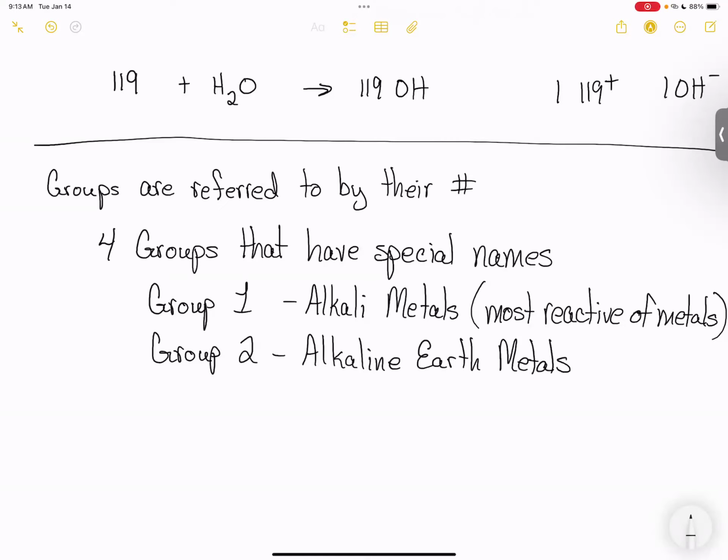They're actually known as the alkaline earth because number one, they sit right beside the alkali metals, but they're called alkaline earth because many of them are in rocks and soil and that type of thing.